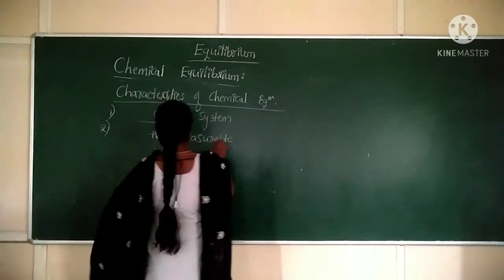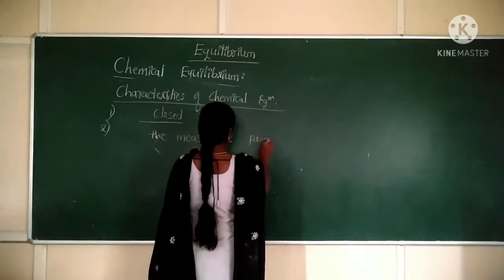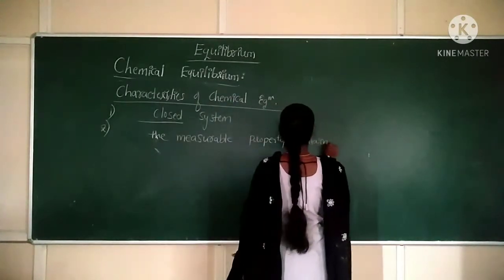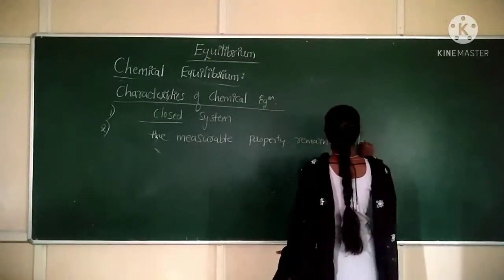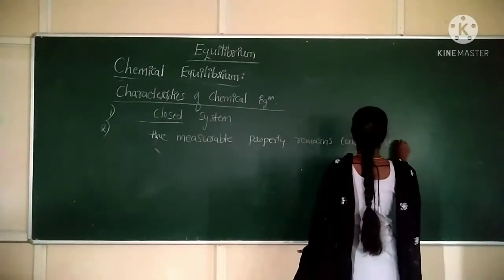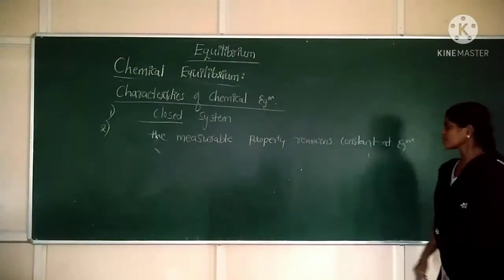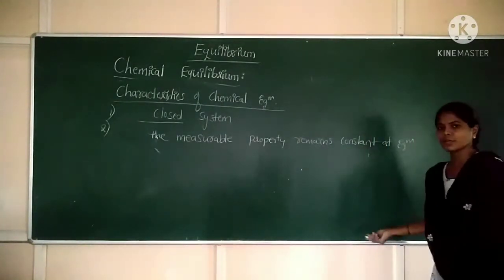Like the second property is: all the measurable properties remain constant at equilibrium. What is the second point? The measurable property remains constant at equilibrium. What is the measurable property?